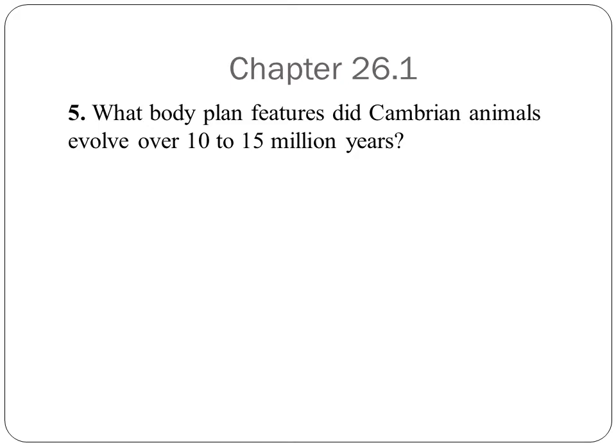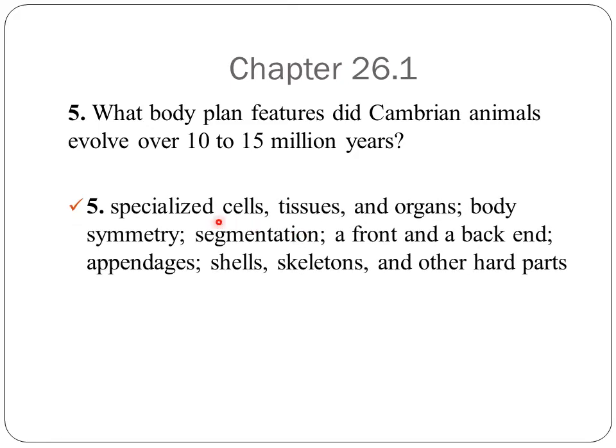So the answer is specialized cells, tissues and organs, body symmetry, segmentation, a front and a back end, appendages, shells, skeletons, and other hard parts. So these are the body plan features.